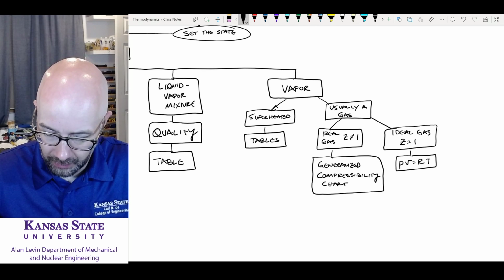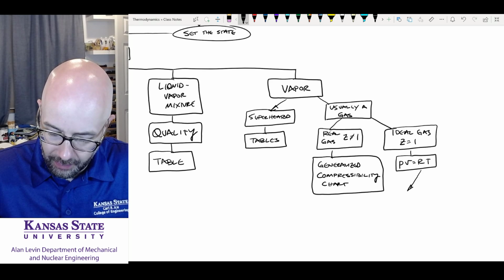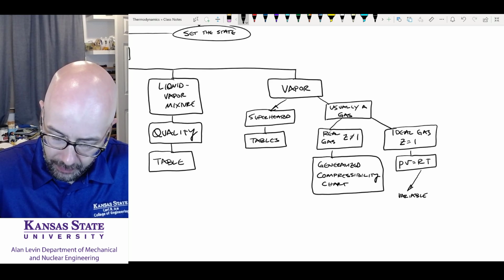We can say, well, does the ideal gas, are we going to model it as a variable specific heat? Or are we going to look at this as constant specific heat?